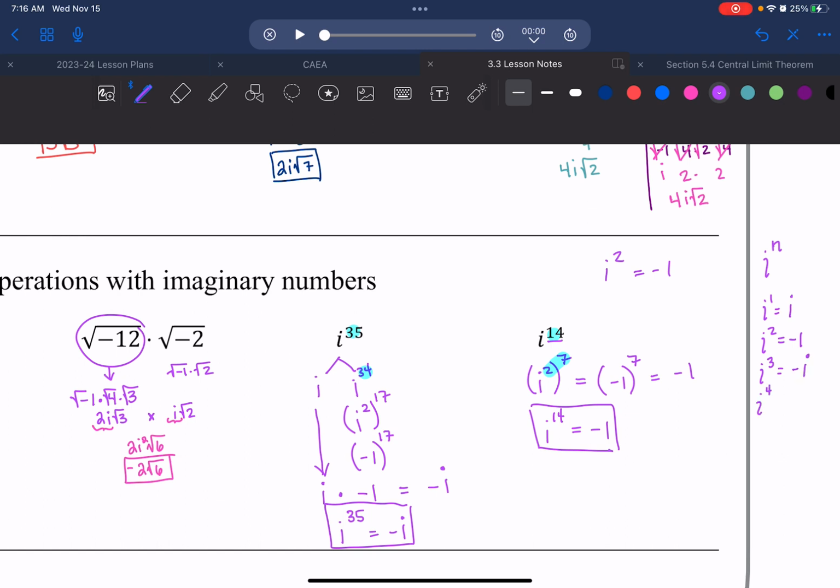And i to the 4th power, when I factor out my i squareds, gives me a double negative, which would give me +1. And then it just continues that rotation through.